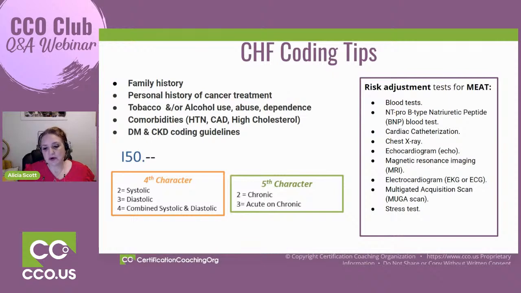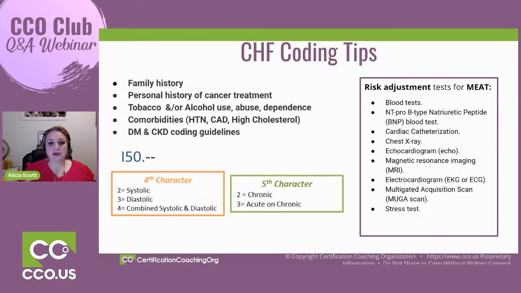Now, for risk adjustment, for MEAT, and just for coders in general, there's a lot of tests to determine that the patient has CHF and or the level of CHF that the person has, or the type of CHF. And this list of tests will give you that.